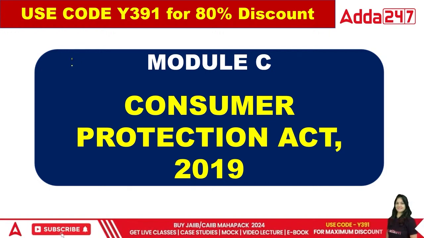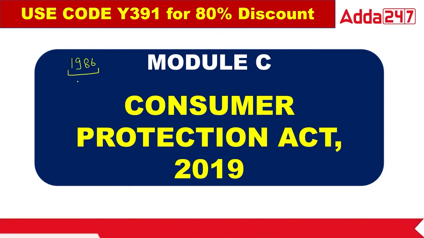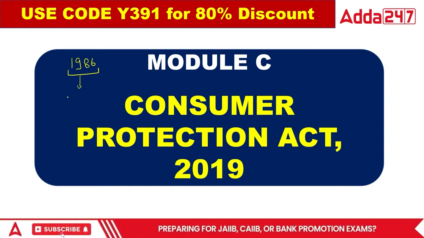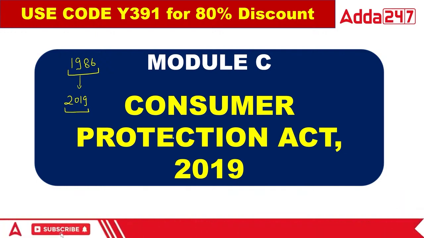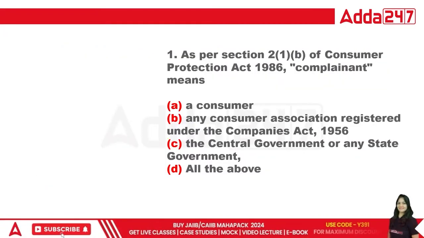Initially the act year is 1986, but many amendments happened. So in 2019 the act has been changed, and many provisions have been included in the Consumer Protection Act. So let's do the questions of this one.